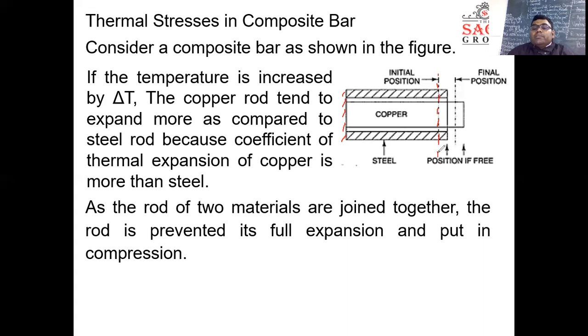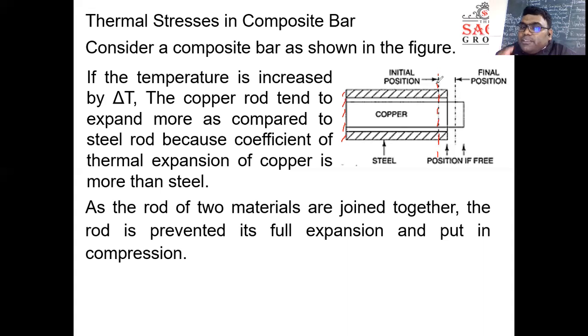Both steel and copper are in this position. Suppose this one end is fixed, so there is no expansion on this side. Expansion will continue only on this side. So the initial position is this.